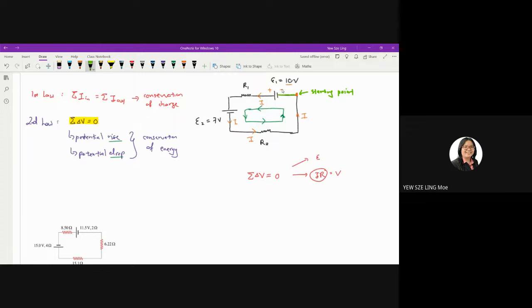Negative, of course, is lower, right? Positive is higher. So from lower potential to higher potential, it experiences a so-called potential rise. So the potential increases when the current passes through this EMF, meaning that we have positive EMF 1.